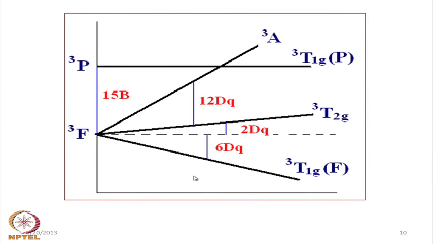So, how do we see these transitions involving the 3P level from here and the 3F level as the ground state? In this particular case we have the corresponding diagram, a very basic one, which we can consider as the orbital diagram, and in the final form it can be considered as the Tanabe-Sugano diagram.